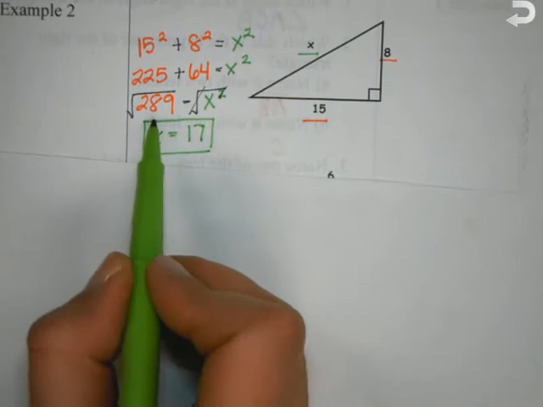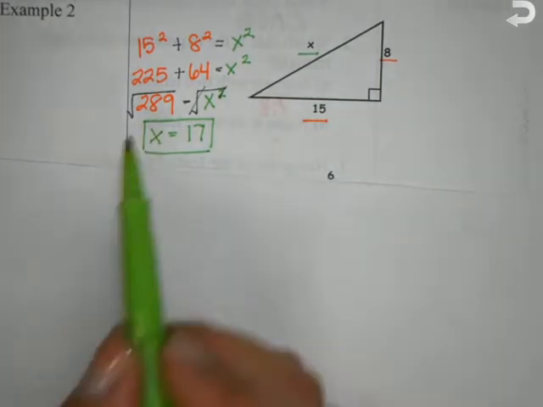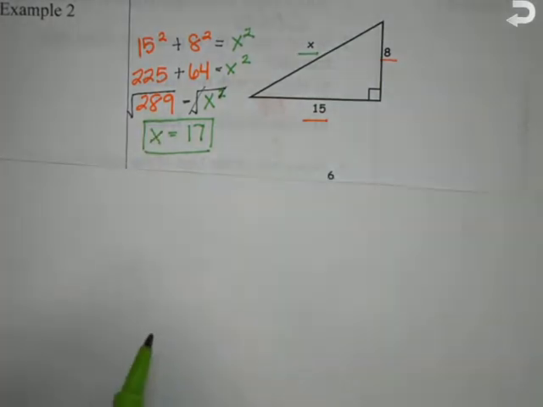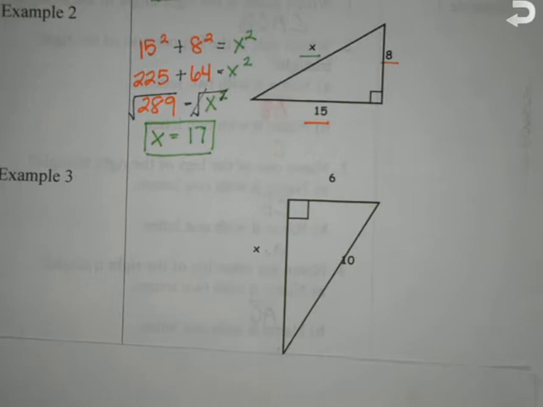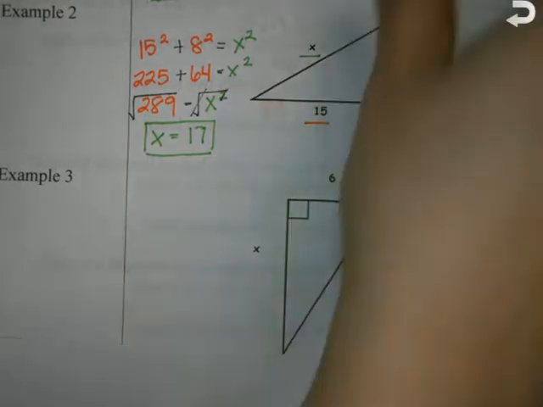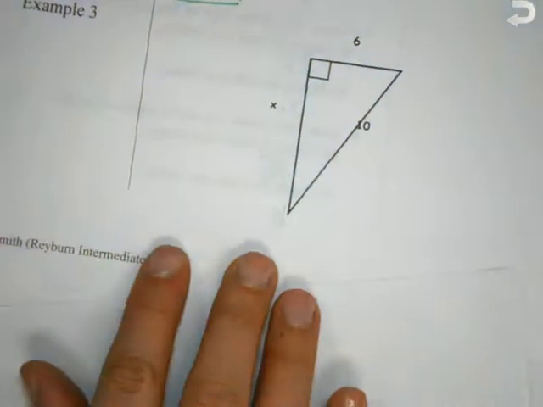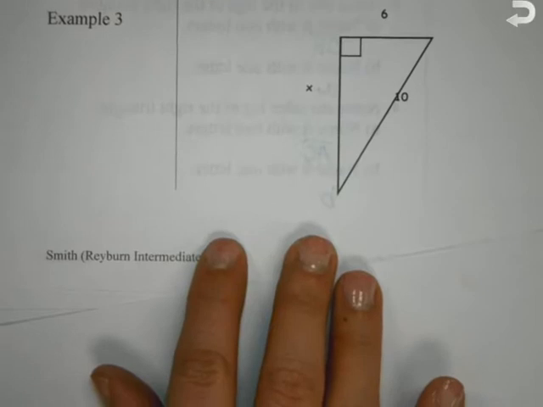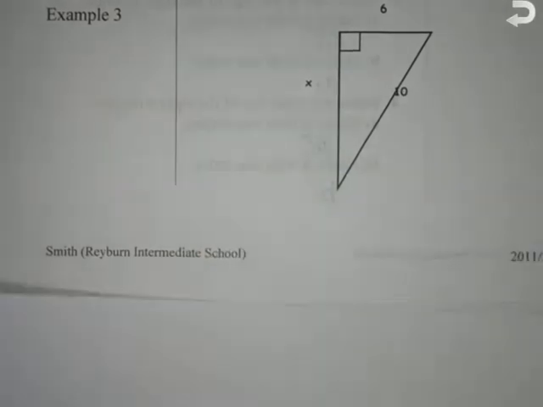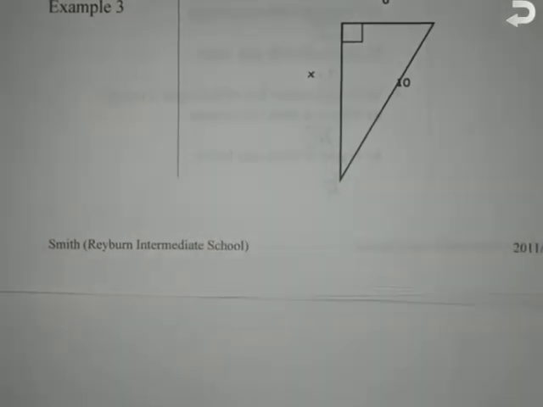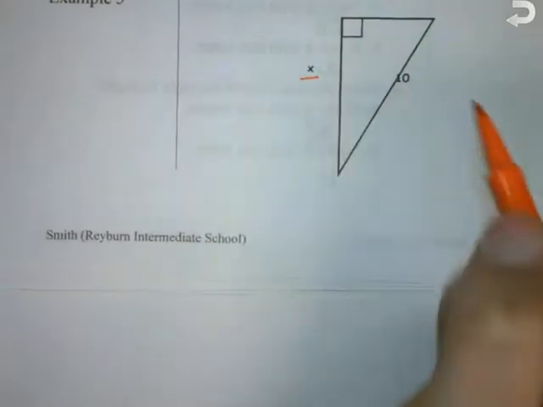Okay, example 3. Who can name one of the legs for me? Matthew. 10? Wrong. Julian. X is a leg. And what's the other one? Good, 6. Why is 10 not a leg?